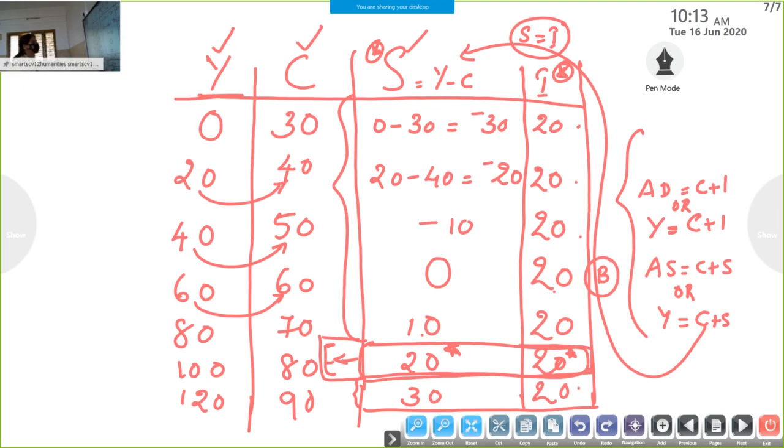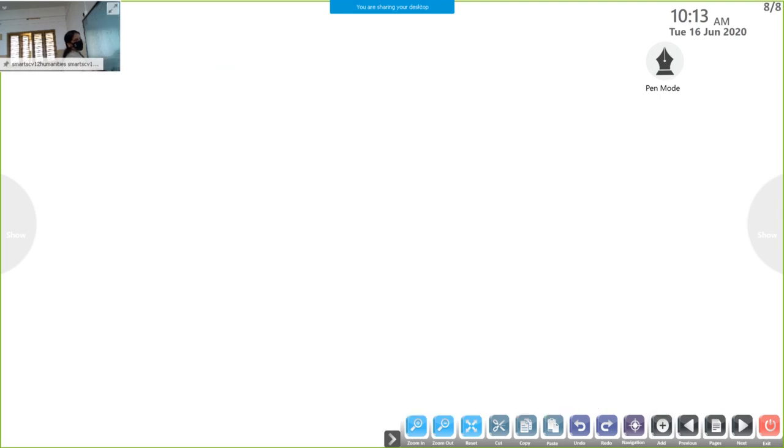Whatever producers produce is equal to what consumers need, and that is what the economy is producing. So the economy is in equilibrium. Any deviation from this point, what is happening? Instability. Okay. So this is the tabular presentation of the saving investment approach.